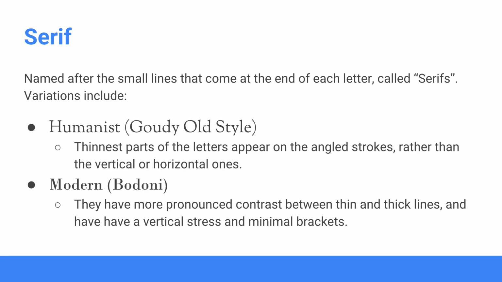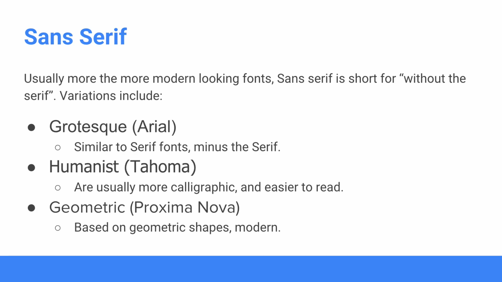And then modern is another cool font for serif. This usually has a more pronounced contrast between thin and thick lines, and usually a lot of vertical stress with minimal brackets. As you can see, it's very modern looking, and they're actually a good fit for some kinds of designs.